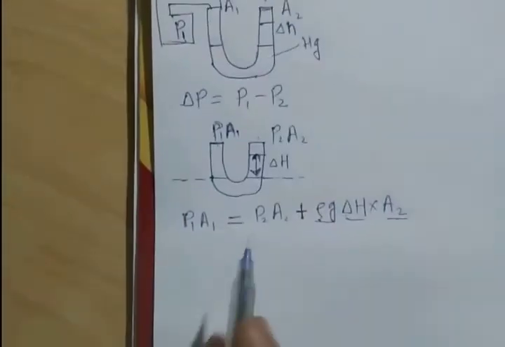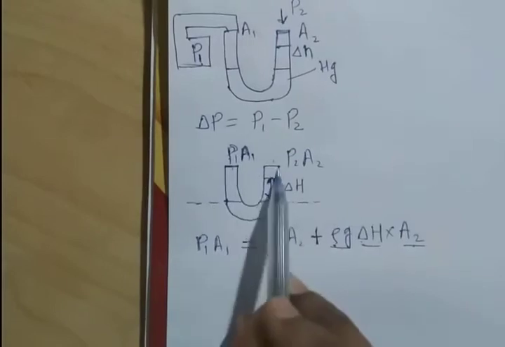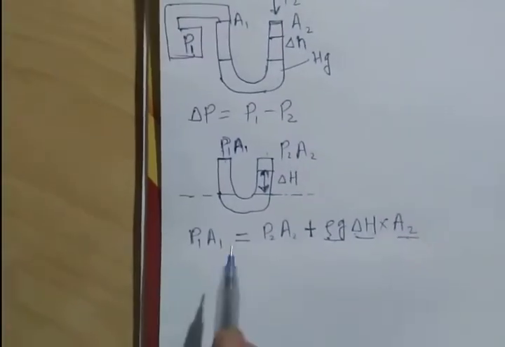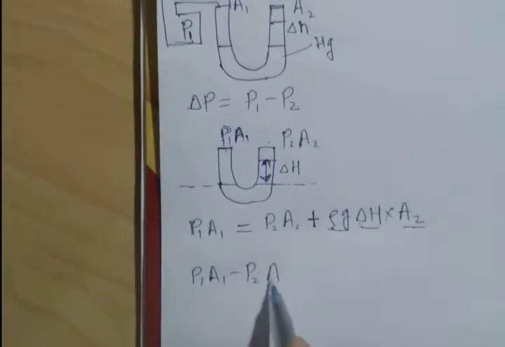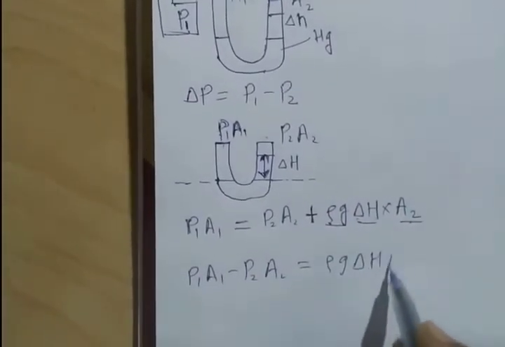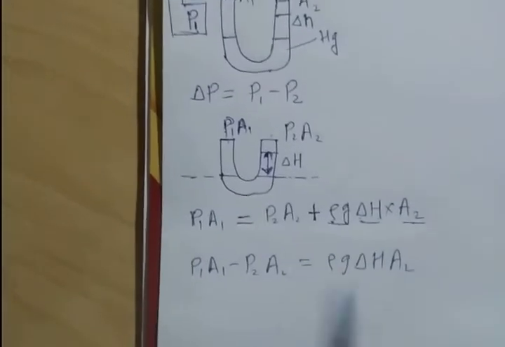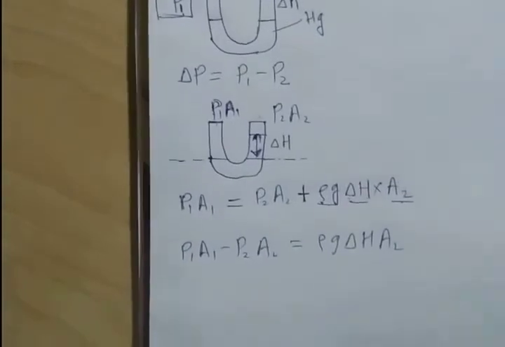So now from this we can calculate the pressure difference between these two tubes. That will be equal to P1 A1 minus P2 A2, which is equal to rho g delta H A2. Let's say now this area is constant on both tubes.